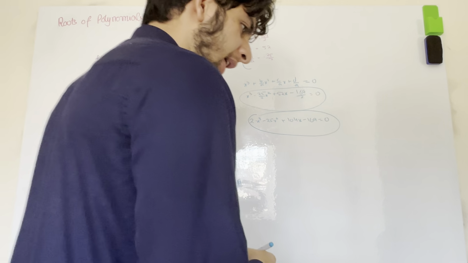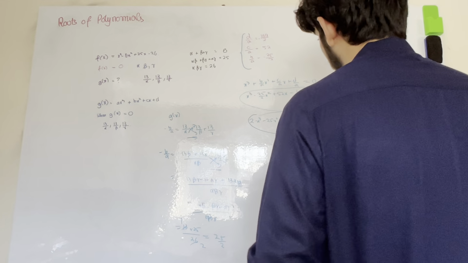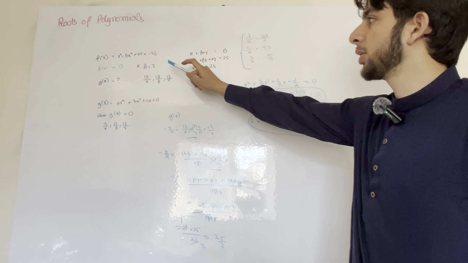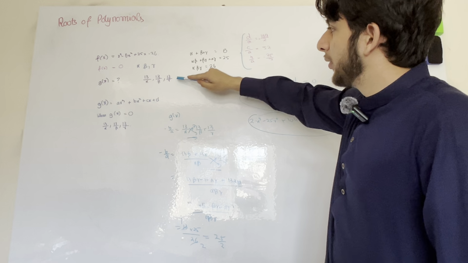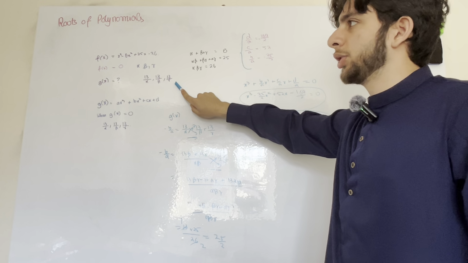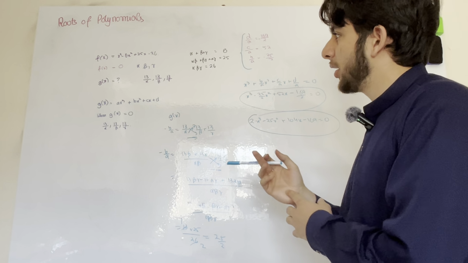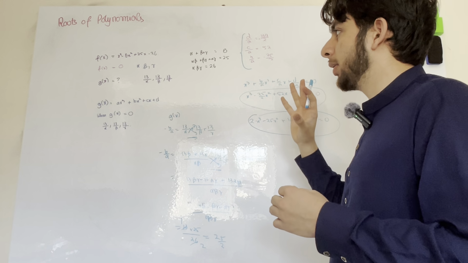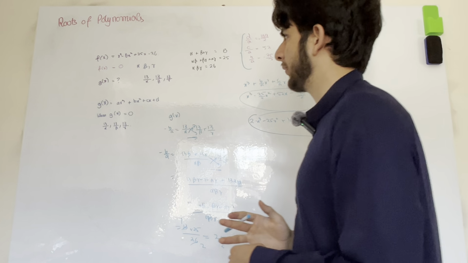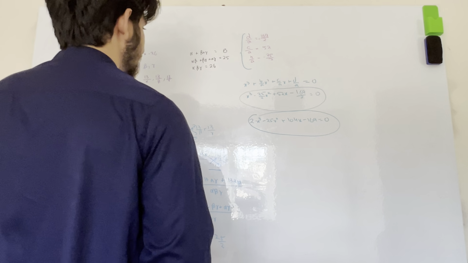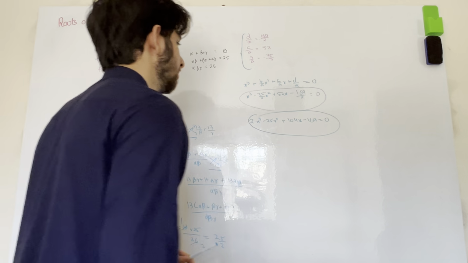If you do have an A-level calculator, then you can check what the solutions to this function are when it equals 0, and see that if you were to multiply 13 by the reciprocal of alpha and beta and gamma, the answer should match up.